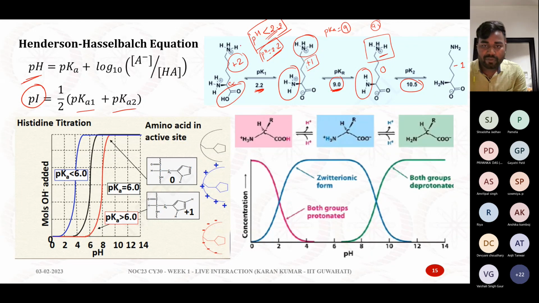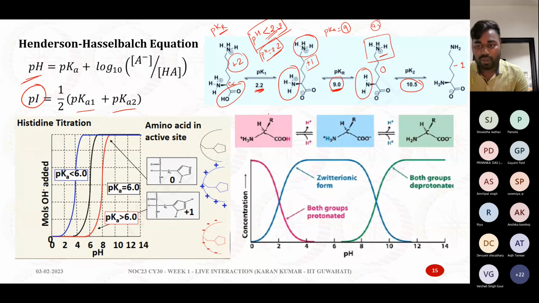And if there is an amino group or carboxylic group attached to its side chain, it will have another pK value, termed the pKr, the pK value of the side chain, right? In that case, you will not be able to identify which two pK values to take and average to calculate the PI value.